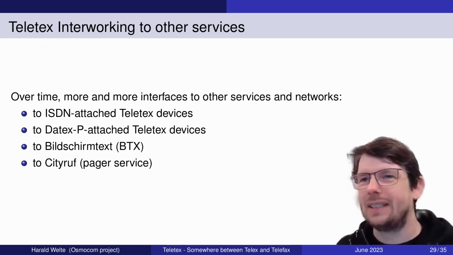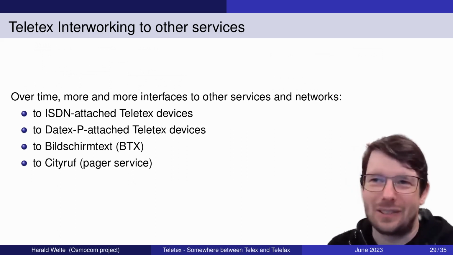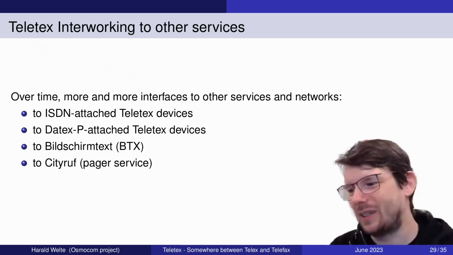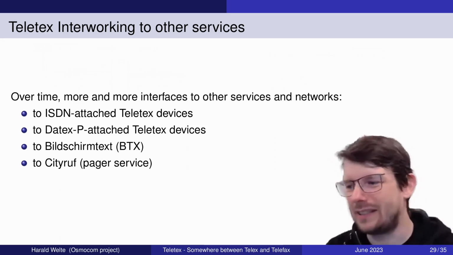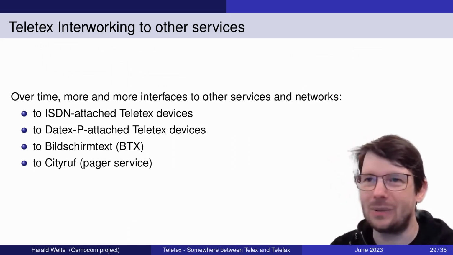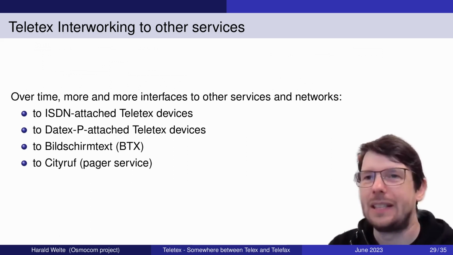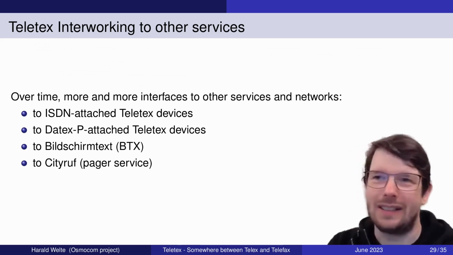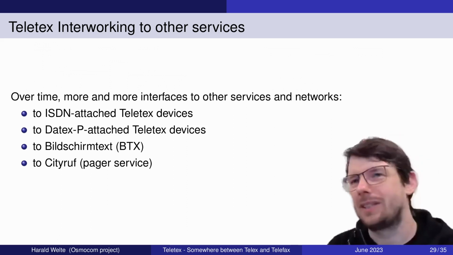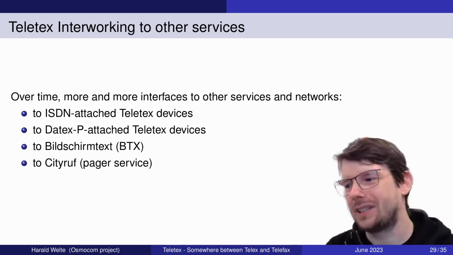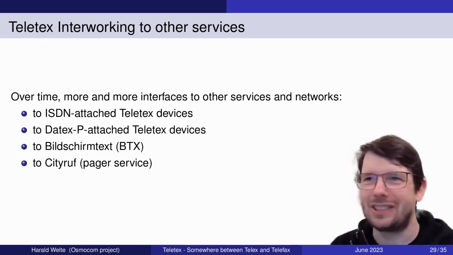So the video text system called Bildschirmtext in Germany, it was possible from there to write text messages to teletext subscribers. And there was a special converter for that. I think it only worked in the BTX to teletext direction and not the other way around.